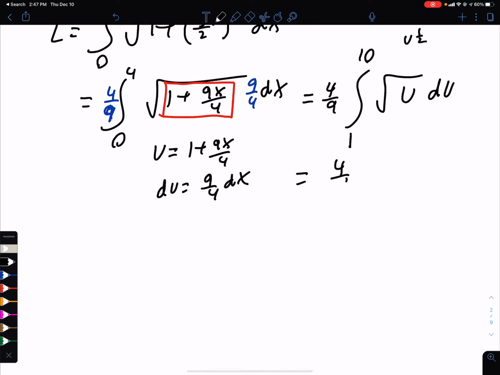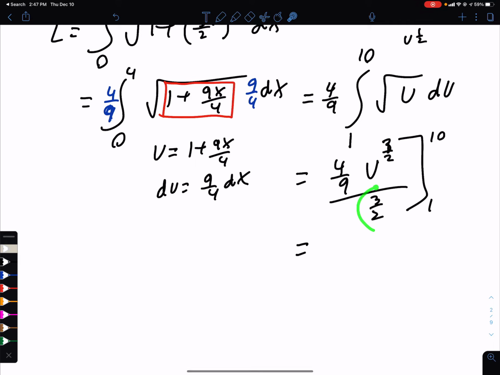The antiderivative of u to the 1/2: I add 1 to the exponent and divide by that, from 1 to 10. I'm almost done. I multiply by the reciprocal of that. So I have 4/9 times 2/3, u to the 3/2 from 1 to 10.